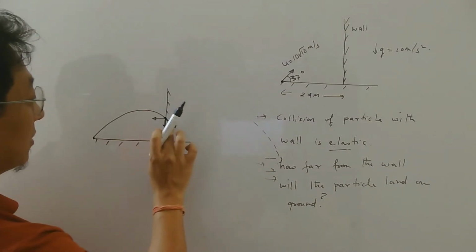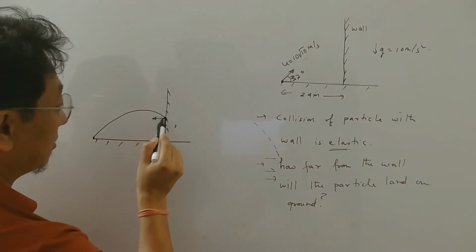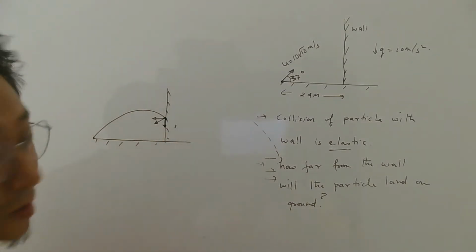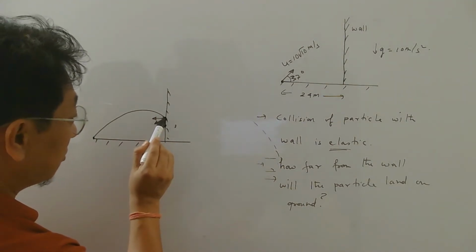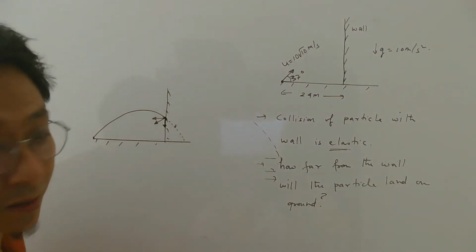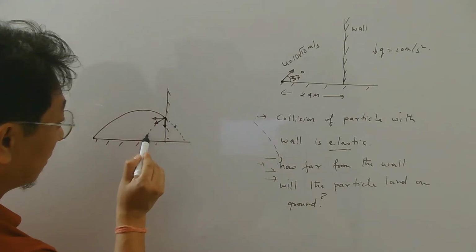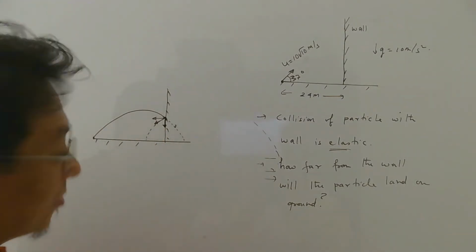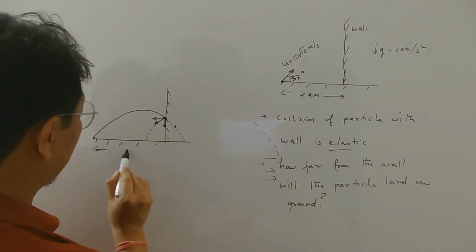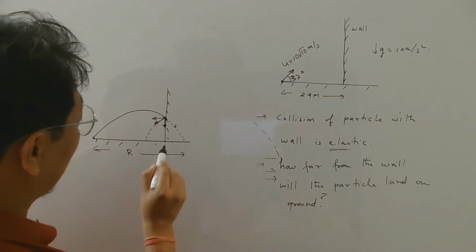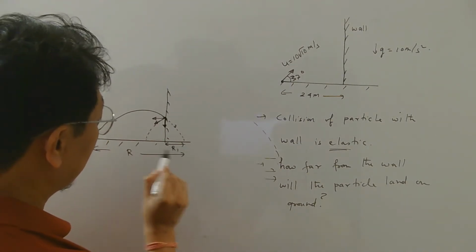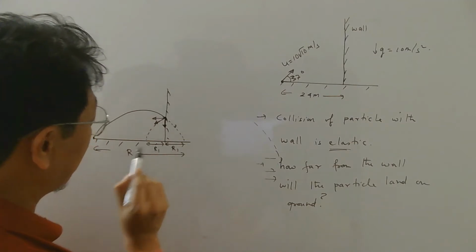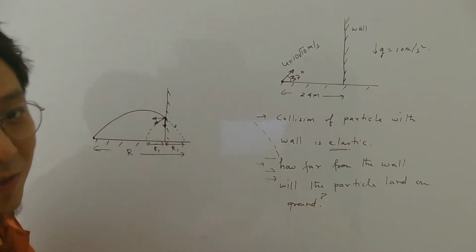This velocity will stay the same. So now the resultant velocity will be this side. So now whatever it was supposed to do this way, it will now do here. Understood? So if this is R, the range without collision, and this is, let's say, R1, then this will also be R1. So this small thing we need to remember.